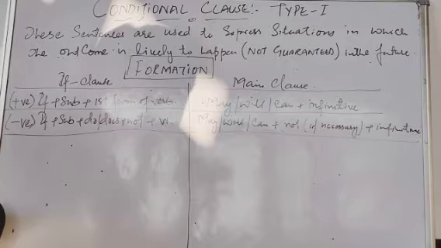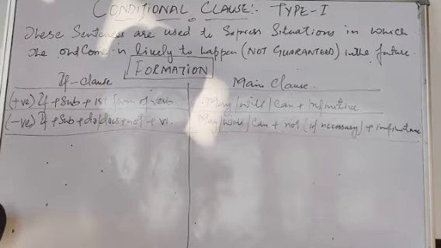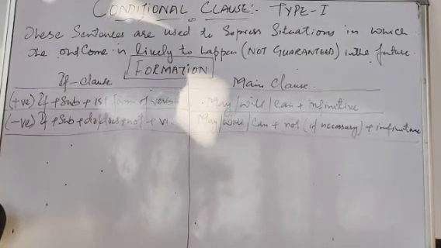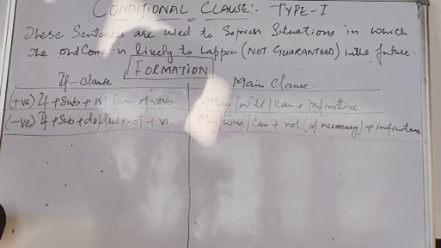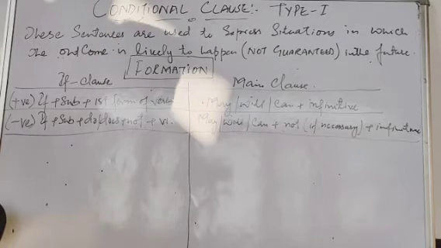Basically, when we assume a thing, when we make a hypothetical situation before any incident, we use type first. Type first actually indicates that the action hasn't taken place yet.